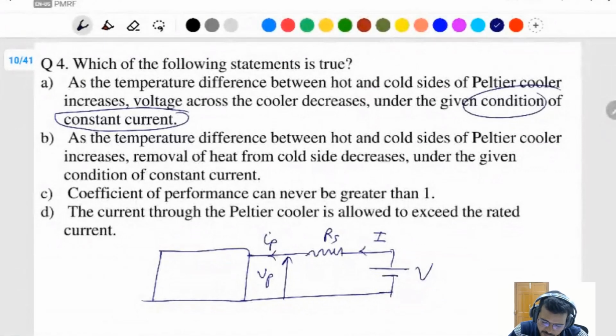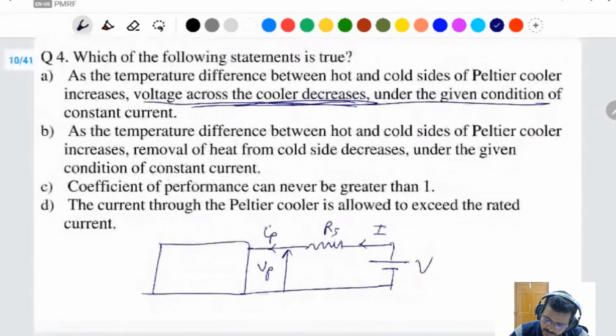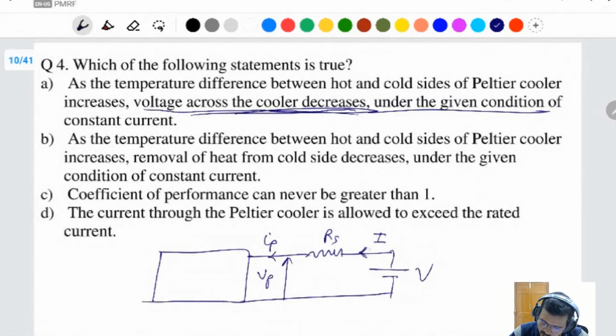The first option says that as the temperature difference across the Peltier cooler increases, the voltage across the cooler decreases under the given condition of constant current. If the current is constant, then this resistance is also constant, and the voltage is also constant.